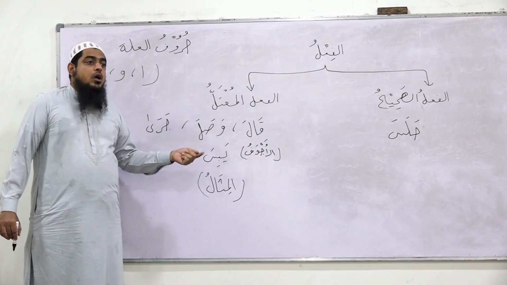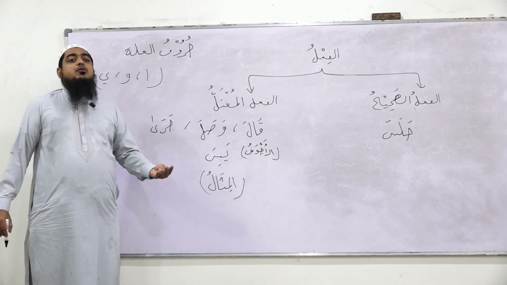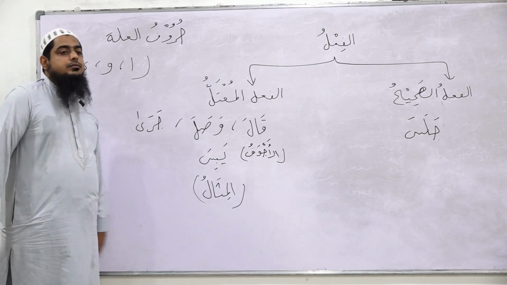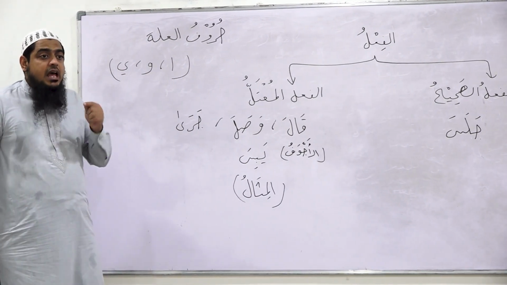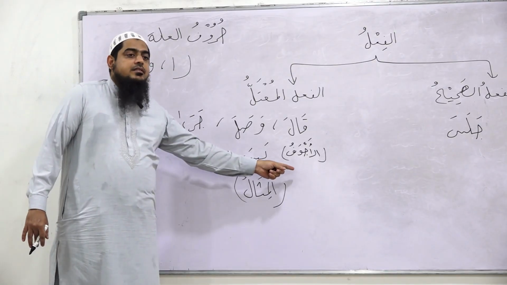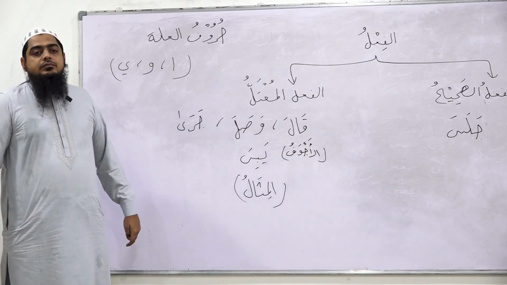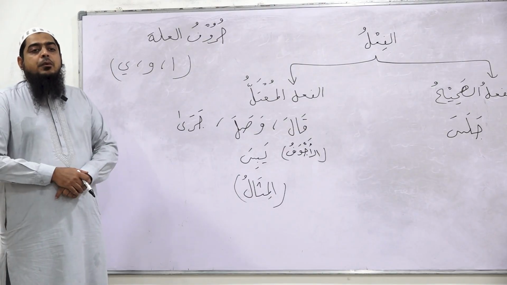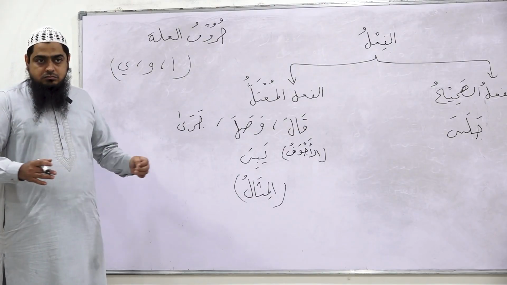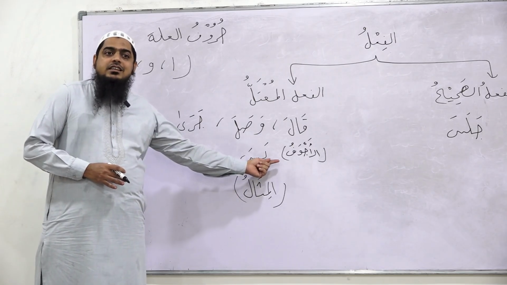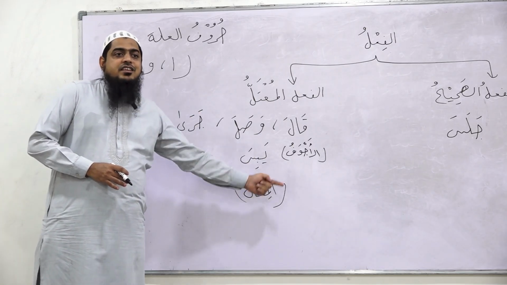But that waw and that ya will be converted to alif because of some reasons that we will learn later. Anyhow, if you see harful illah in ain kalima, then that means al-ajwaf. Jawf meaning stomach. Ajwaf meaning a person who has a stomach. So harful illah is in the stomach. Ain. Center part. That's the reason they say al-ajwaf.